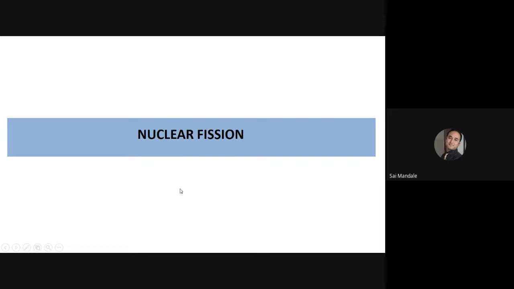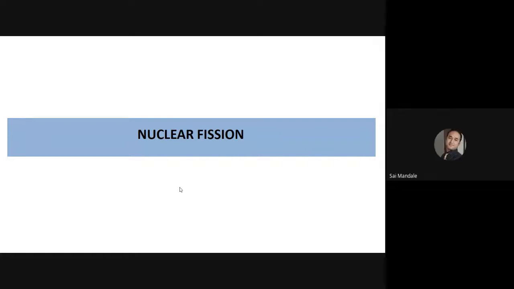Before going to the nuclear fission reaction, please tell me what are the different nuclear fuels? Uranium, thorium, and plutonium. Very good.